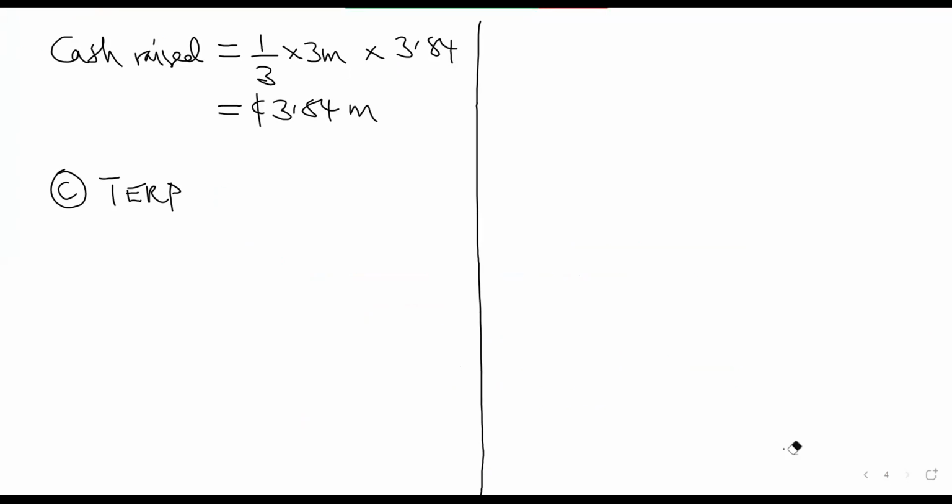We have to look at the existing shares that we have. Should we use the unit approach or the total approach? Let's use the total approach. What is the number of shares that we are currently having? 3 million.